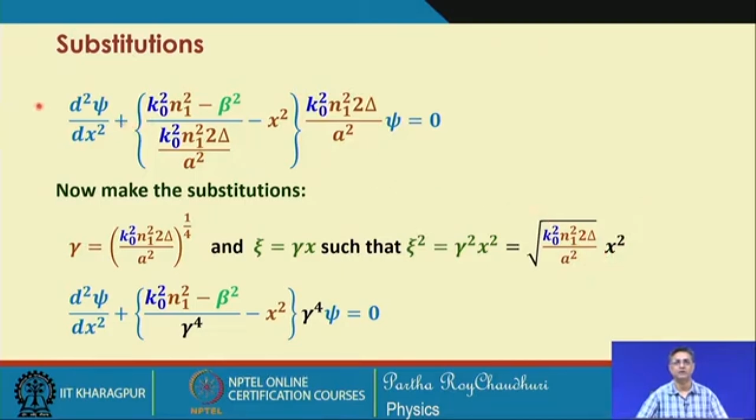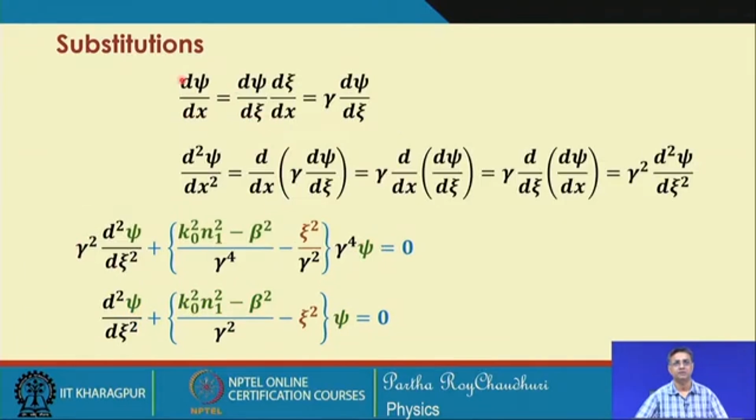So, the wave equation now reduces to this form: (k 0 square n 1 square minus beta square) divided by gamma to the power of 4, minus xi square, and outside you have one more gamma to the power of 4, into psi equal to 0. So, this is the reduced form of the equation. Now, because we have introduced gamma and xi, we would like to change the variable from x to xi.